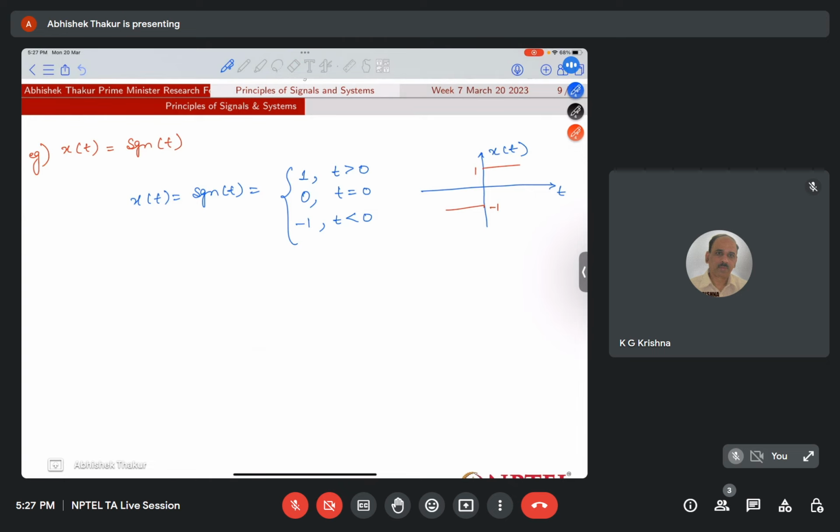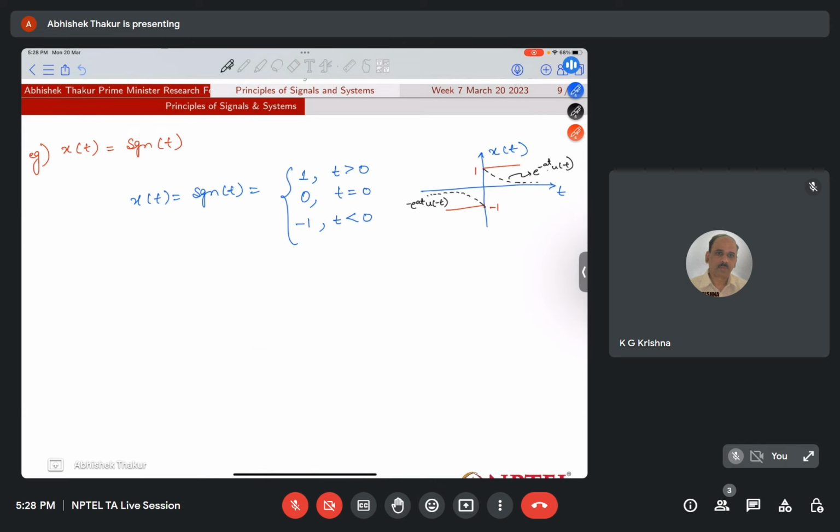As we have seen, this is our e to the power of minus a t u(t), and here it will be minus of e to the power a t u(minus t).